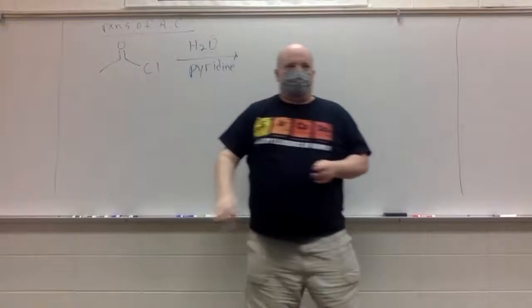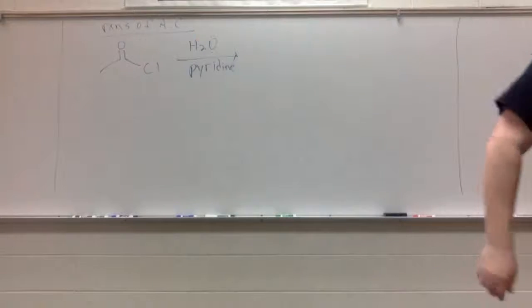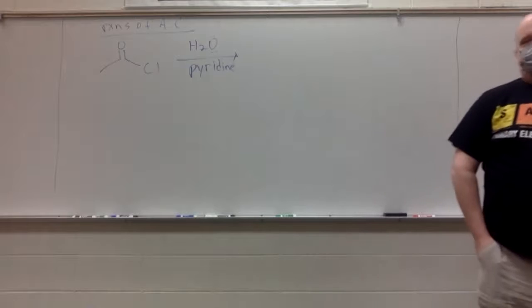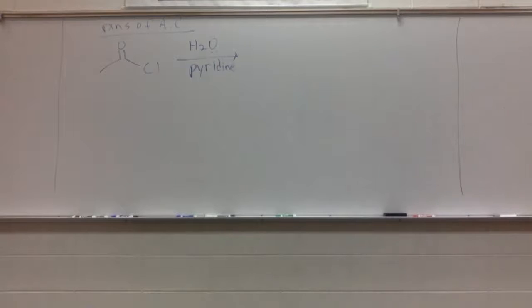Well, as always, I want to get your opinion. Any ideas on what the first step of that mechanism could be? You've got an acid chloride with an exceptionally good leaving group, you've got water, you've got pyridine. But what's been the usual modus operandi for these types of compounds?